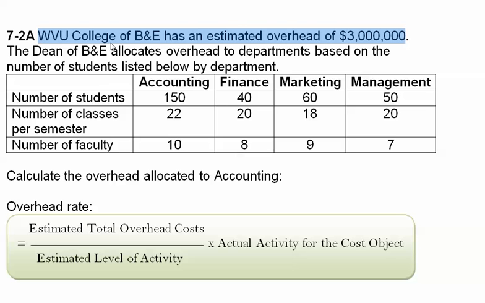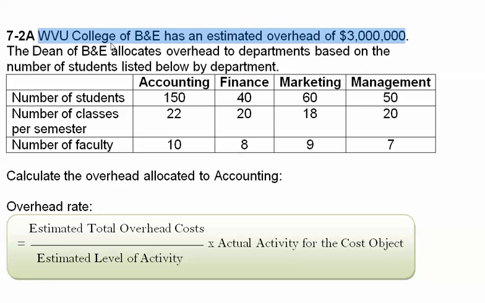You've got the secretary of the dean, you have the office space and all the depreciation on the building and the equipment used by the dean's office. There's also the human resources expenses that are benefiting all these departments. So I think you've got an idea of how 3 million can add up very easily.